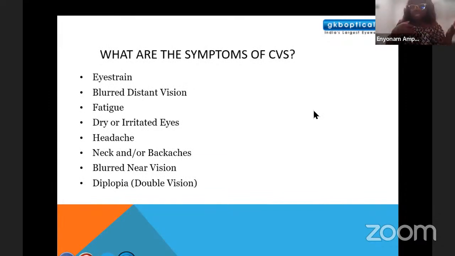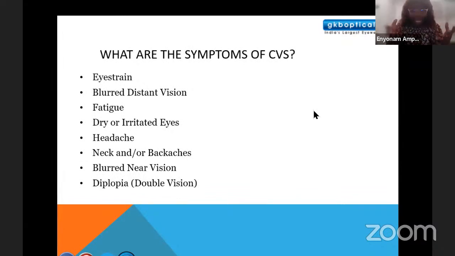So maybe someone says, tell me what the symptoms of CVS are that I can look out for. What shows that I use the computer too much and it is affecting my eyes? One of the things you can already see is eye strain, you start straining your eyes a lot after using the computer for a long period of time. Then blurry vision, things become blurry, especially from a distance.